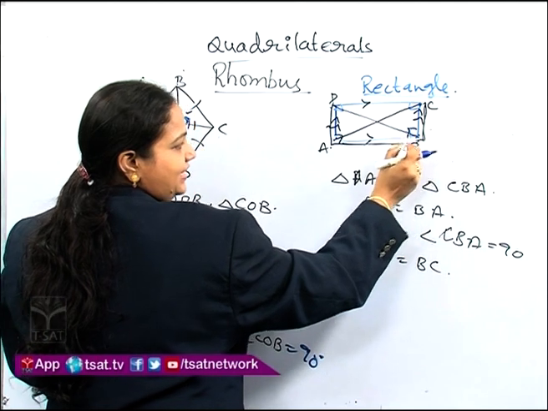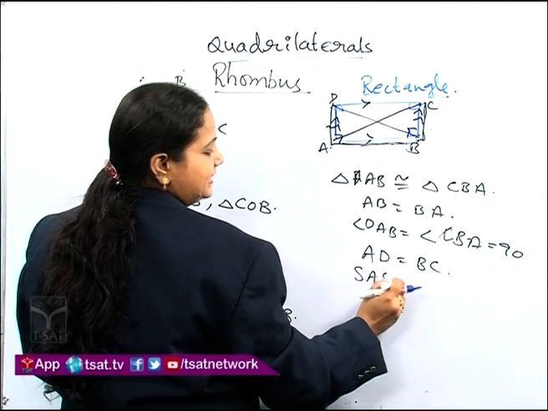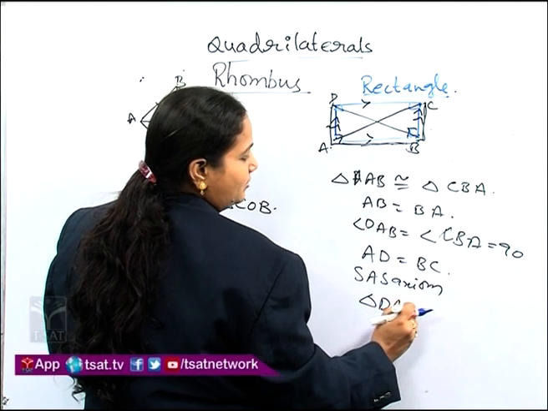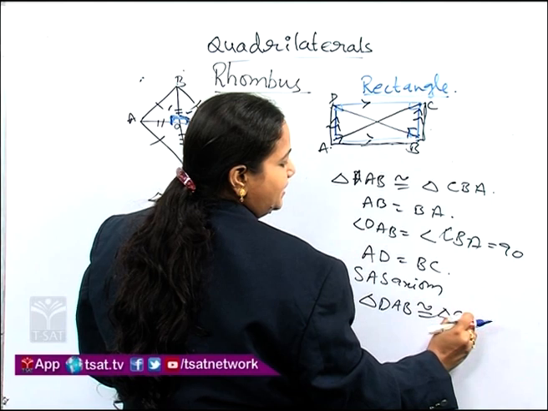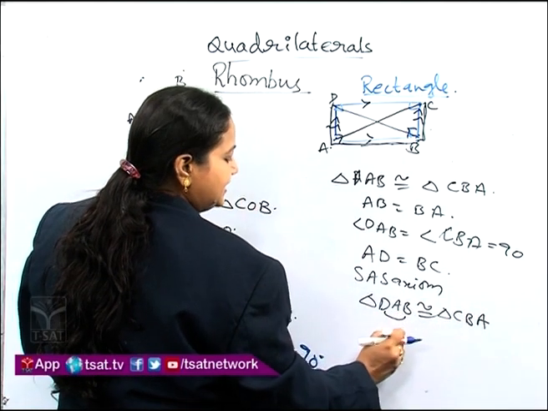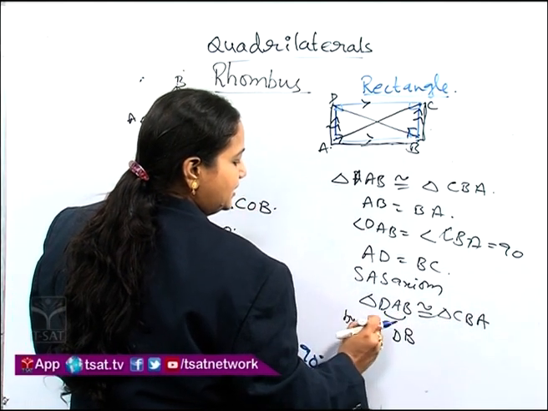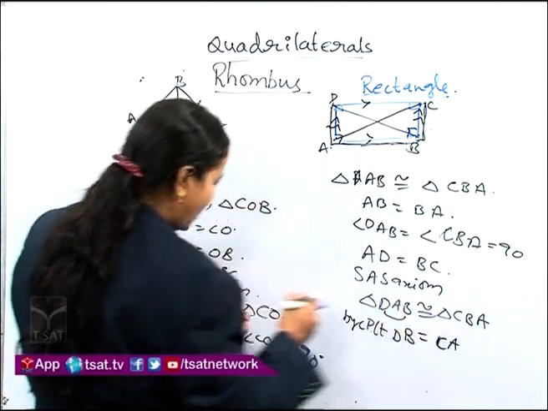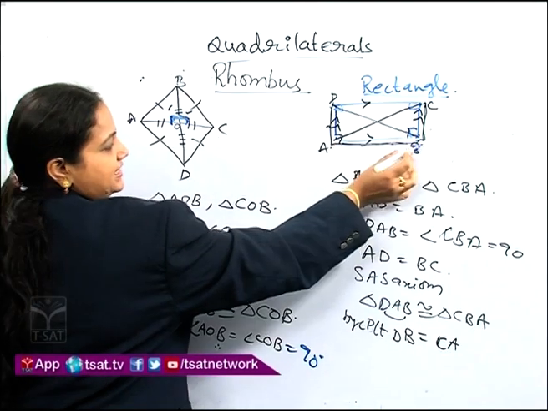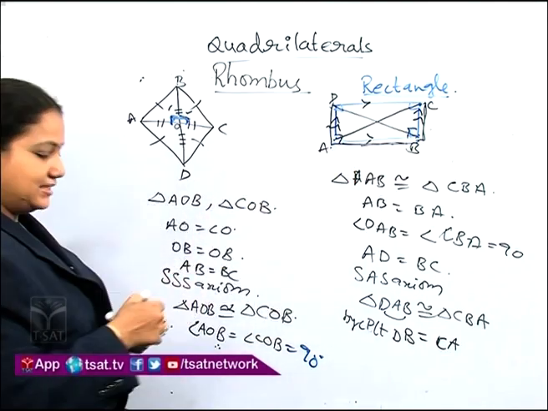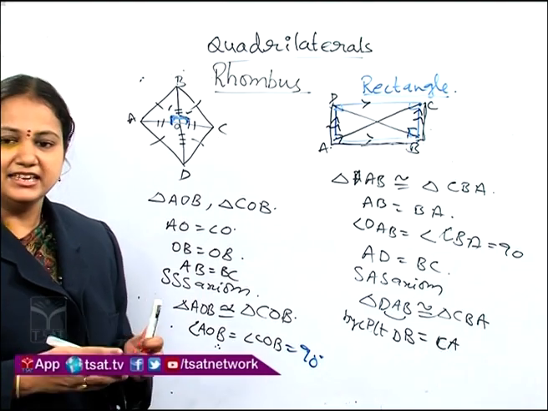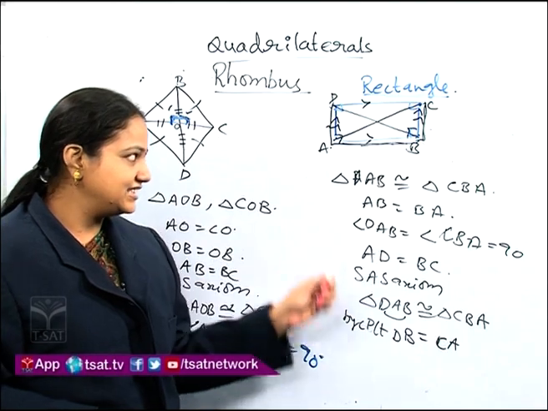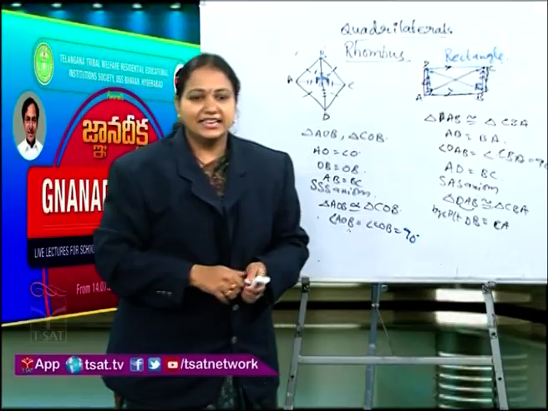By the SAS axiom, triangle DAB is congruent to triangle CBA. That means, by CPCT, we can write DB equals CA. What are DB and CA? DB is one diagonal and CA is the other diagonal. So the diagonals are equal in a rectangle. So all the properties of a parallelogram hold, along with each angle being 90 and diagonals being equal in a rectangle.